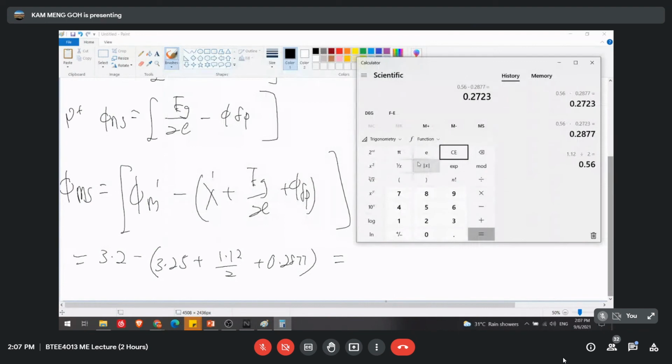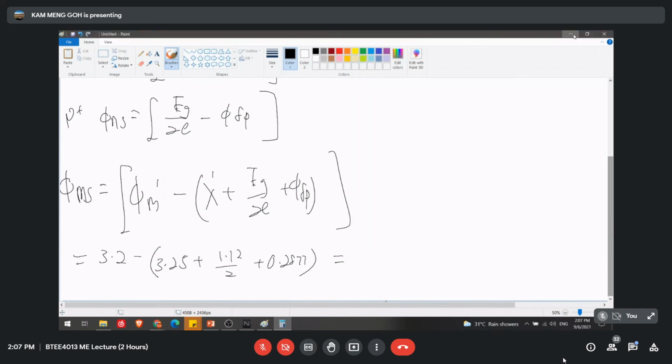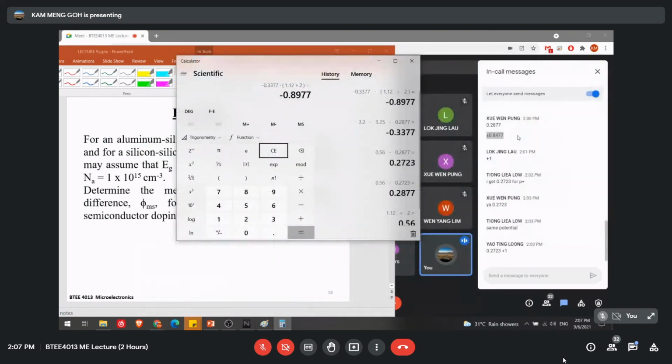So 3.2 minus 3.25, then minus 0.2877, then minus 1.12 divided by 2. You will get negative 0.8977. It's more or less like the answer you showed just now. One of you calculated 0.8977, right? It's quite close to it.